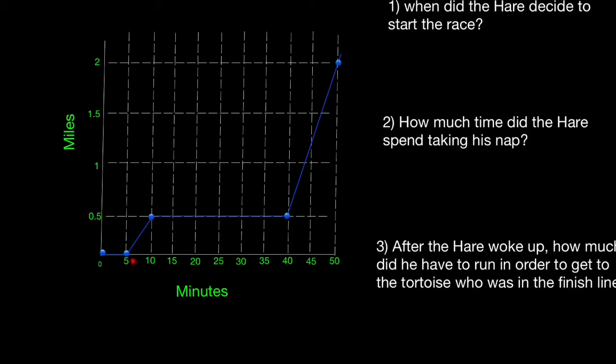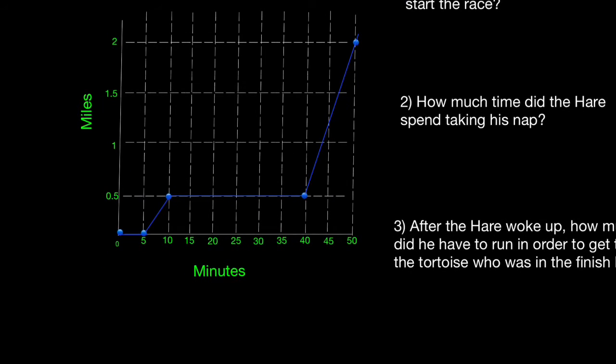Now here the x-axis is labeled with minutes and the y-axis is labeled in miles. So let's grab some random point here. For example, at 40 minutes, we can see that the hare had traveled a distance of half a mile. All right, and that's because he was sleeping, right? When he was sleeping, he stopped advancing.